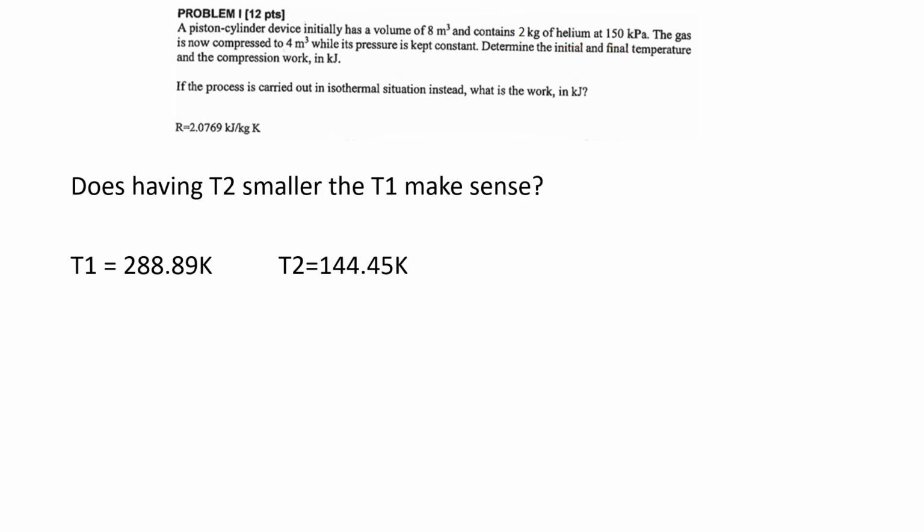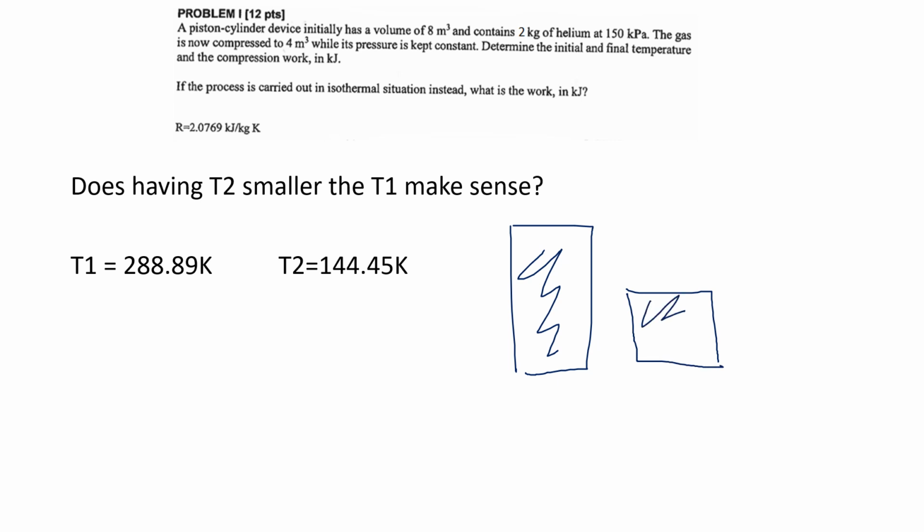Looking at our answers, we have T1 equals 288 and T2 equals 144. Does this make sense? Every time I answer a question, I like to reflect on my answers to make sure I didn't make a mistake and that my answers don't break the laws of physics. So here we have a big piston that has helium in it. Then you compress it to about half its volume.